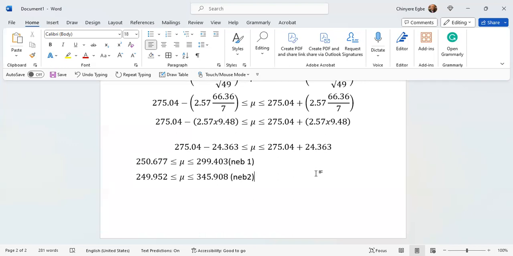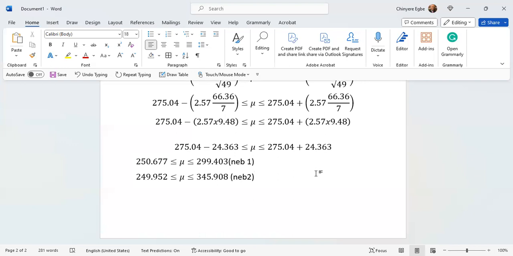Yes. There is an overlap, because the lowest possible price for neighborhood number 2 is just a little bit below the lowest possible price for neighborhood number 1.